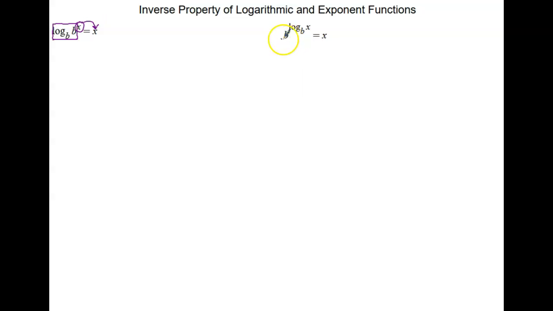Same thing here. You have an exponent with base b and you have a log with base b. These two are going to cancel each other out. They're inverses. They undo each other. And so all you're left with is this part right here. So for example, and this doesn't just work with logs, this also works with ln, because remember, ln is just log base e.